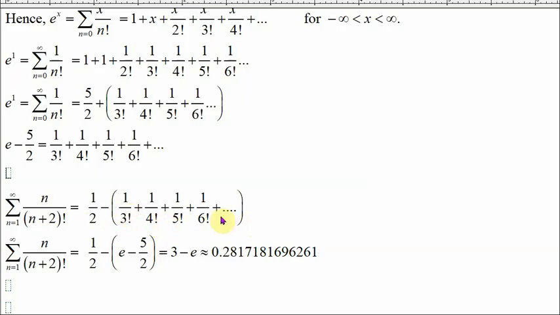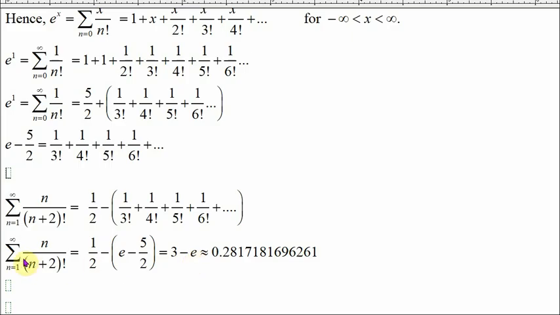But this infinite series here is e minus 5/2. So we have 1/2 minus (e minus 5/2). 1/2 minus minus 5/2 is 3, and then minus e.